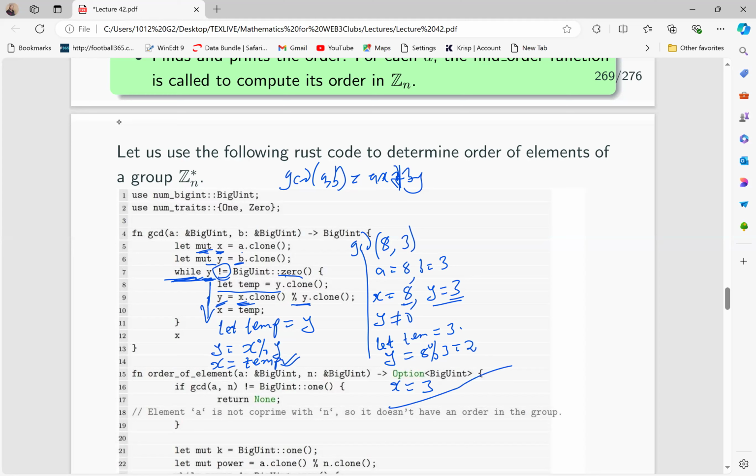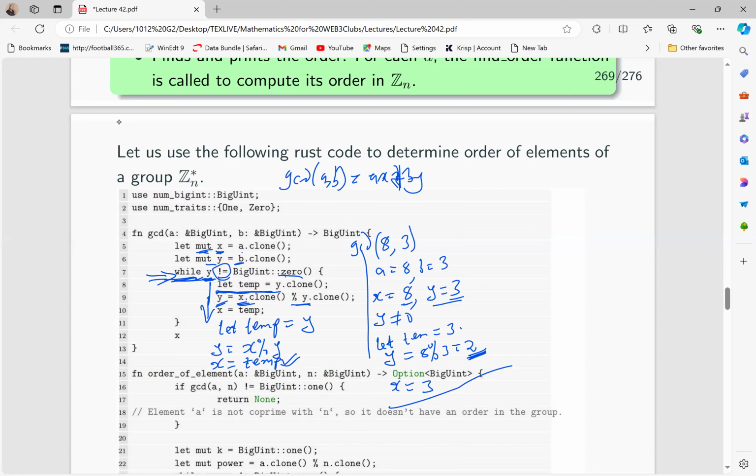Now, again, we come back to the while loop, and you can see that Y is not 0. So we proceed inside again. We remain inside until Y becomes 0. Since Y is not 0, the next step is here.